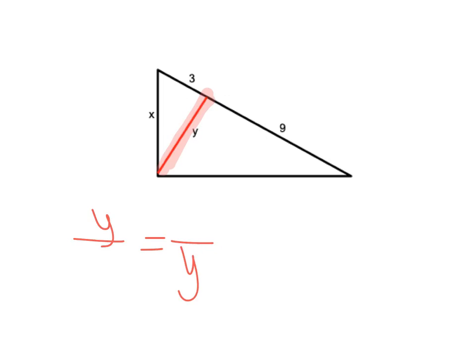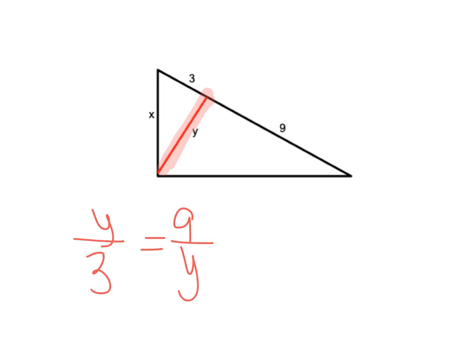What's it the geometric mean of? We want to think that the altitude is the geometric mean of the two pieces that it touches. So in this case, it's going to be 3 and 9. And again, then you can go ahead and finish out the proportion like you've done 10 times already today. I'm not going to do that again. You'd have y squared equals 27. You'd have to simplify the radical.